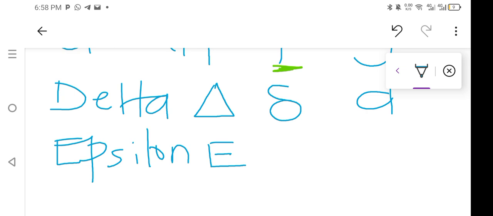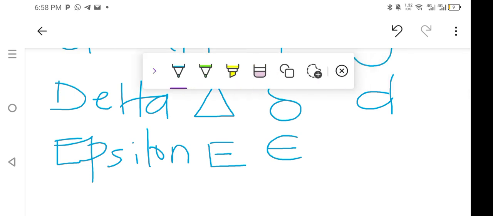You notice the uppercase has strong, sharp corners. For the lowercase, think of writing a C and then giving it still an E shape, but without the sharp corners. If you were to curve this corner and curve this corner, that would give you the lowercase, the small letter E, the way we have it here.